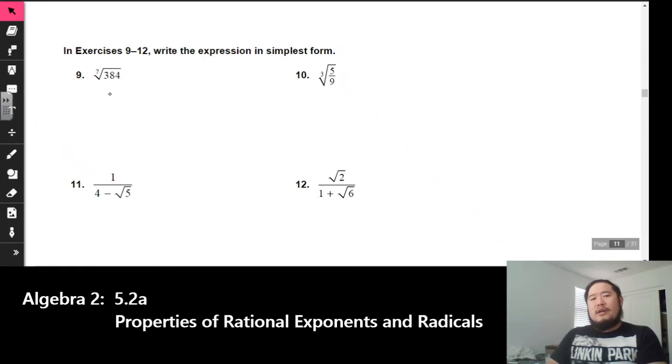And those numbers, hopefully they begin to ring a bell the more and more you do these. So in number 9, we might be able to split things apart to help you simplify this, especially if there's no calculator. So right here, I could possibly split things up.